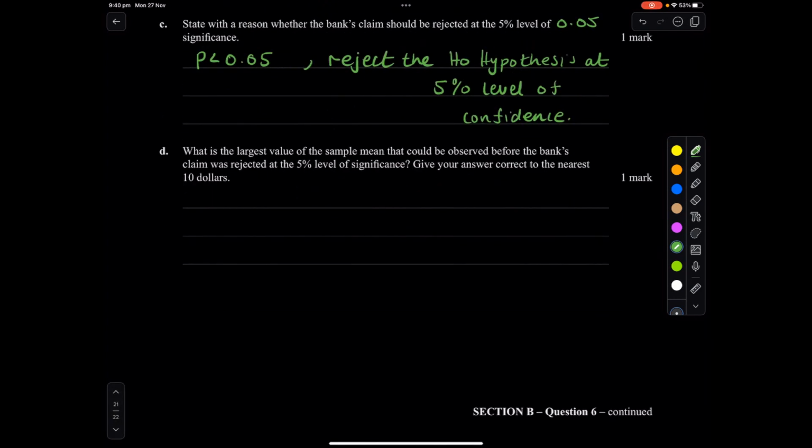What is the largest value of the sample mean that could be observed before the bank's claim was rejected at the 5% level of significance? Give your answer correct to the nearest $10.